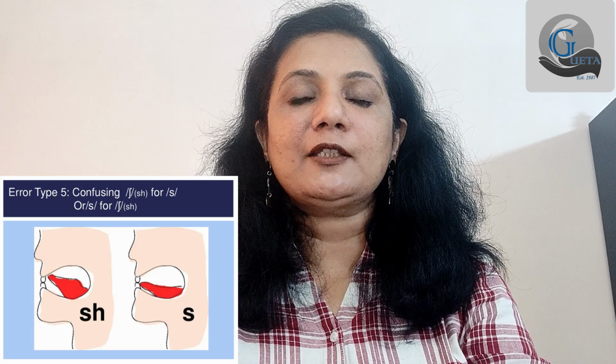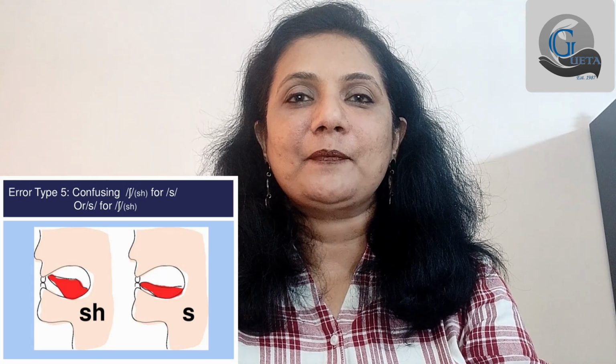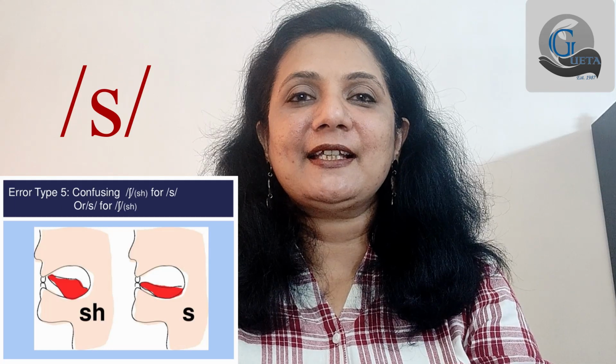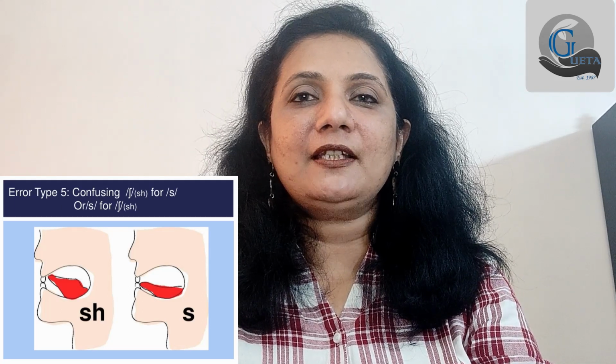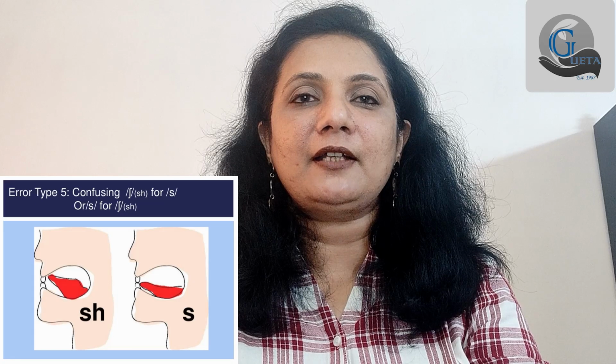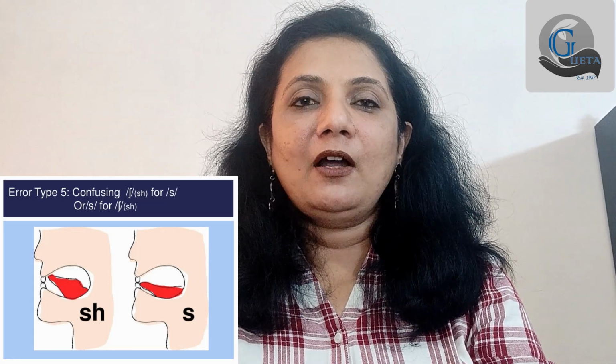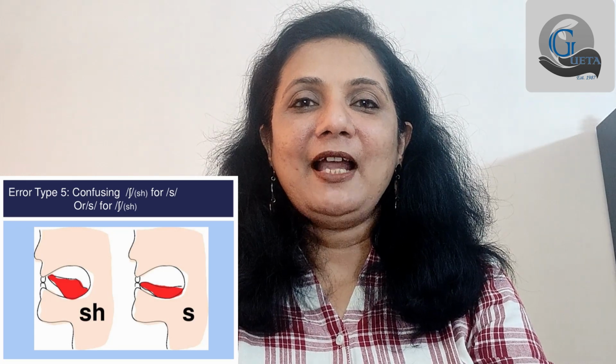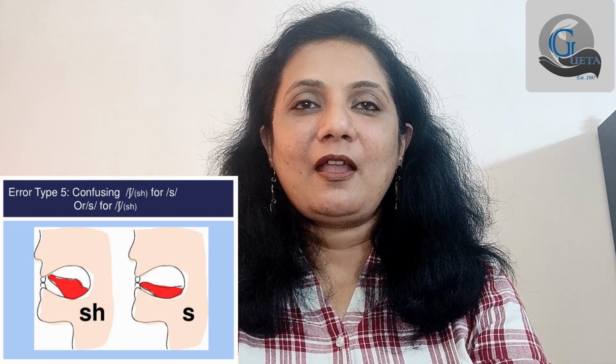You know, it is more like smiley lips. S. So you can see the tip of the tongue is touching the back of the front teeth. S. And the lips are spread.